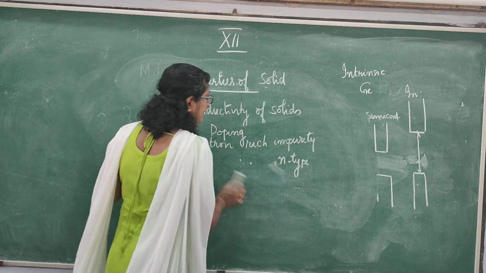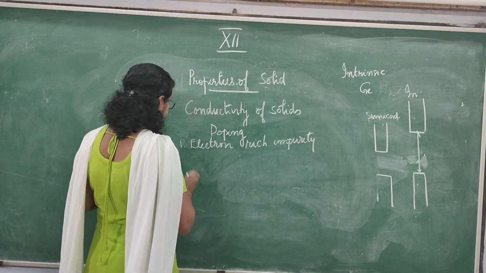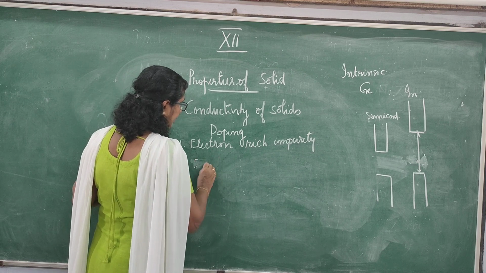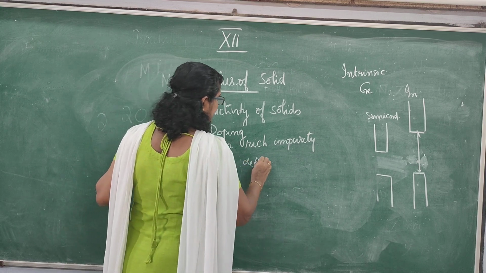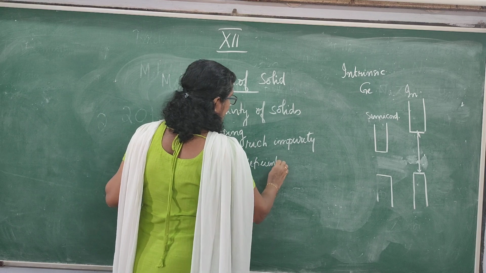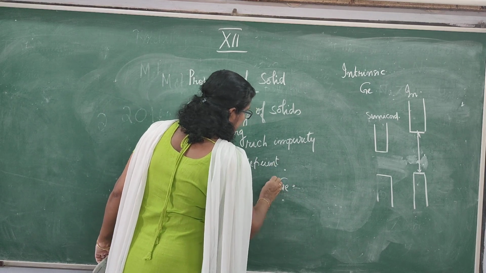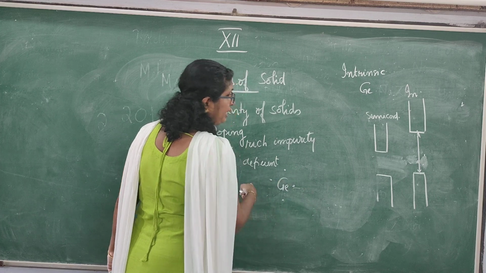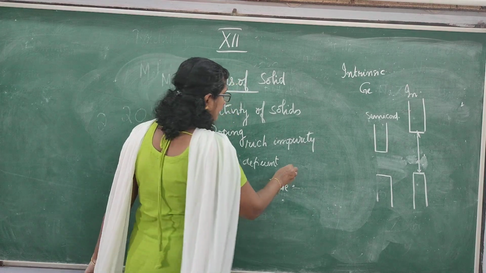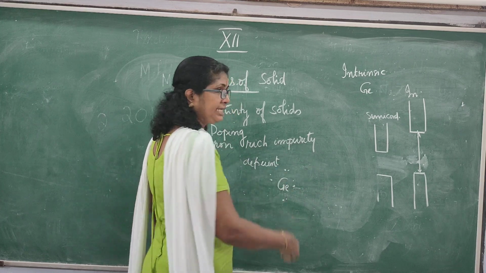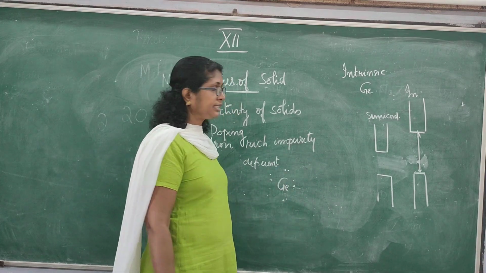Now, if you are adding an electron deficient impurity, then what will happen? For example, germanium with 4 electrons, each forming a bond with the 4 neighboring atoms. This is germanium's crystal structure.